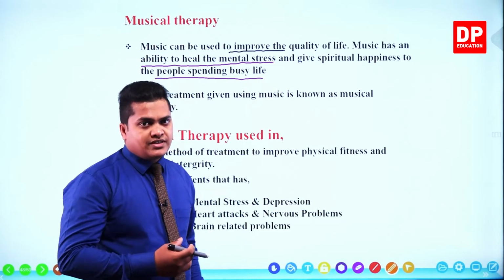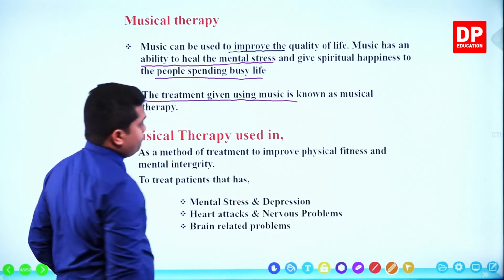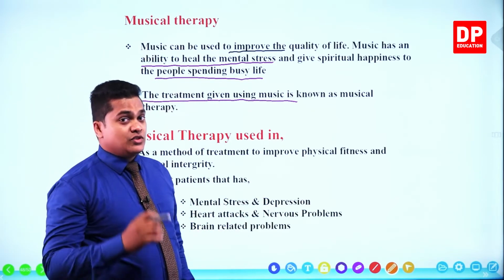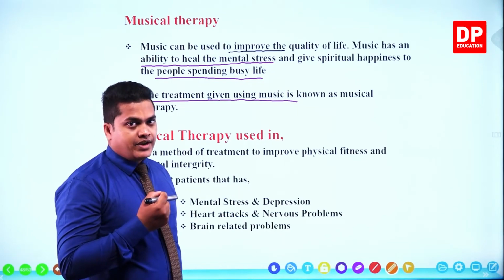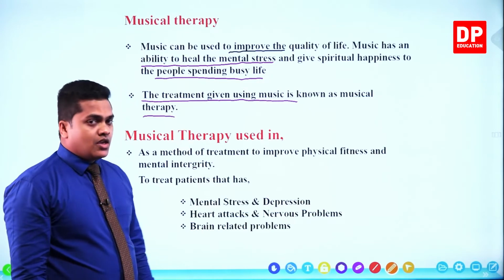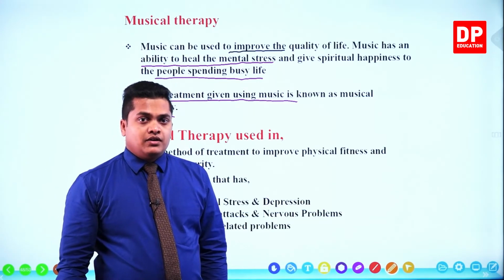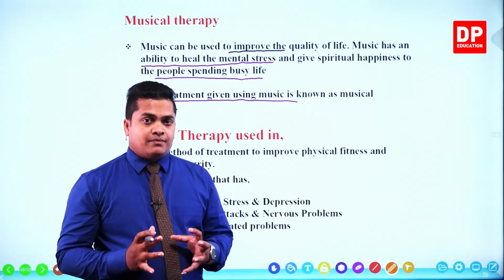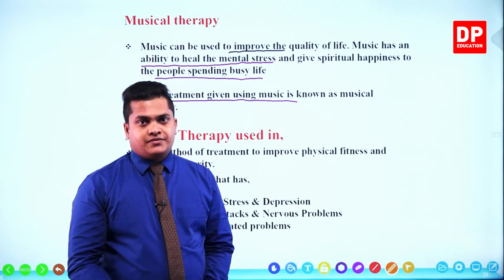So what is this music therapy? The treatment given using music. We use music to treat people. This is known as musical therapy. Musical therapy is the treatment given to the people by using music.